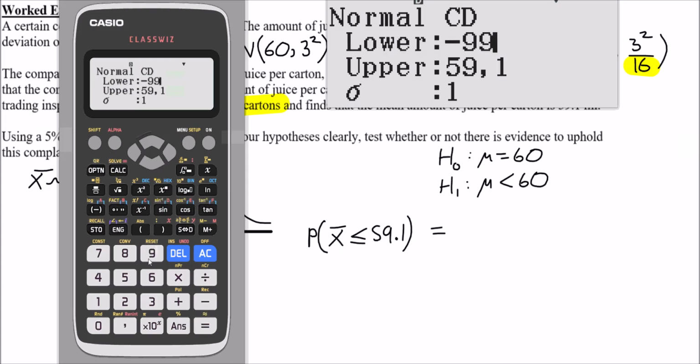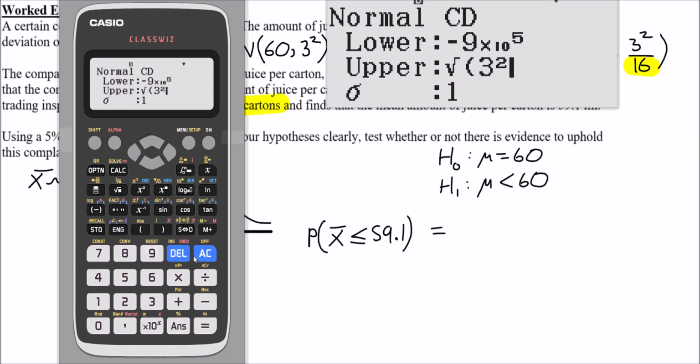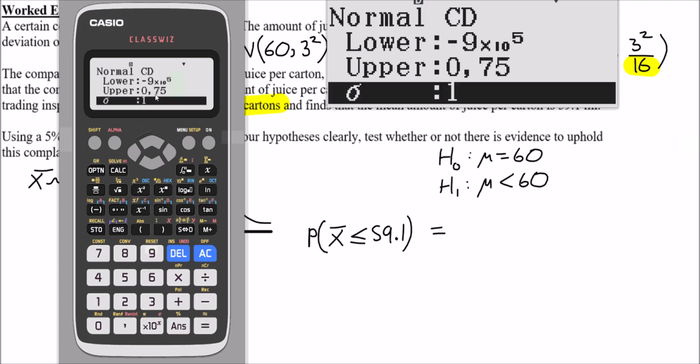I always go for the standard minus 999,999, or 6 nines, for the upper bound if we're looking at the higher tail. The standard deviation is the square root of this variance, so the square root of 3 squared over 16, which is 0.75.